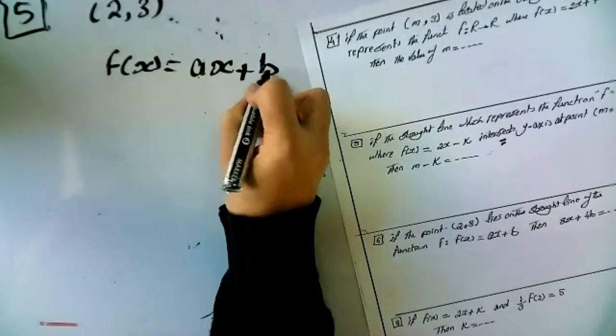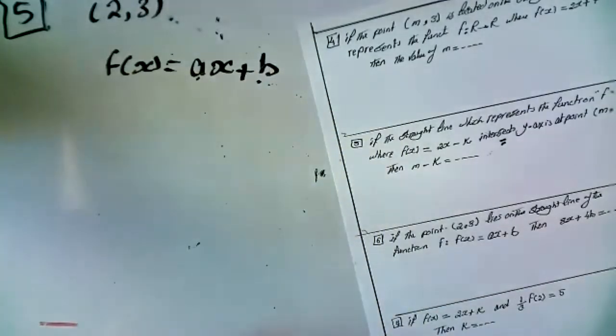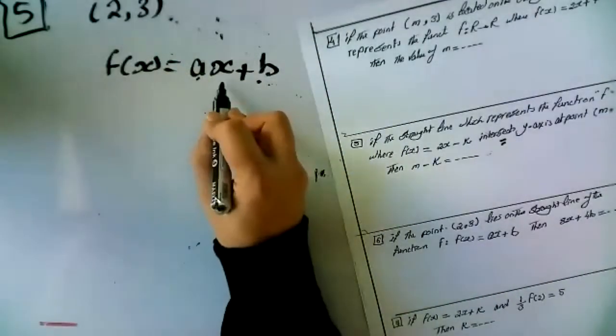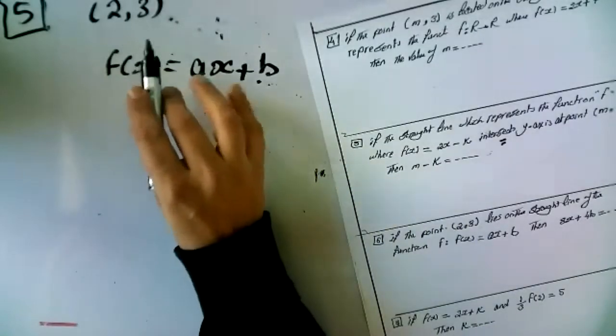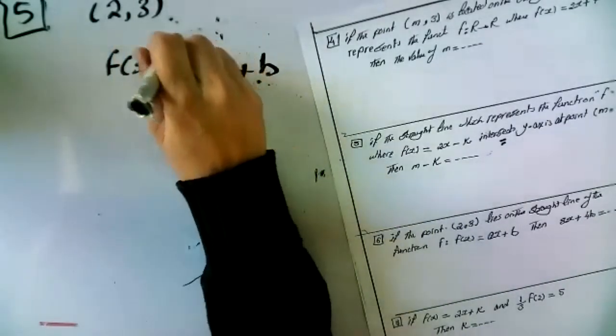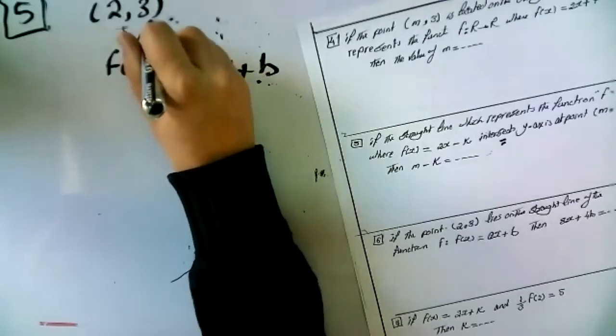We have two unknowns, a and b. Substitute x by 2, substitute f of x by 3.